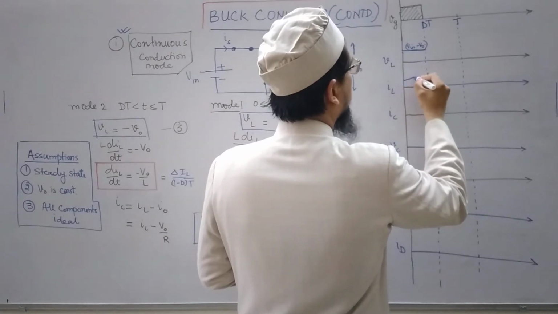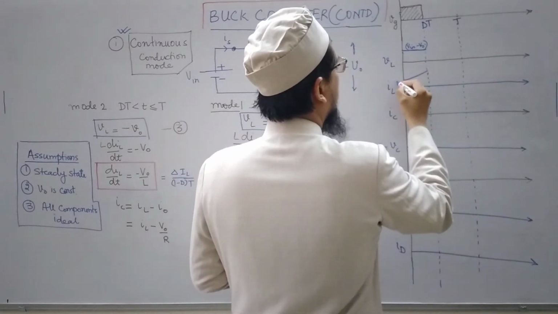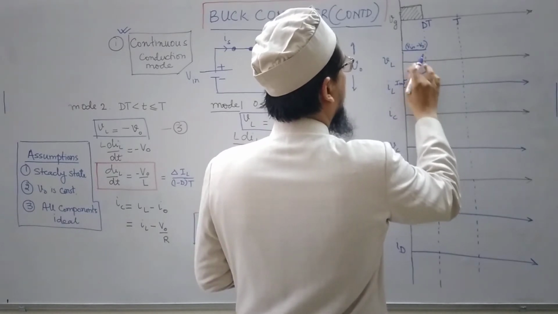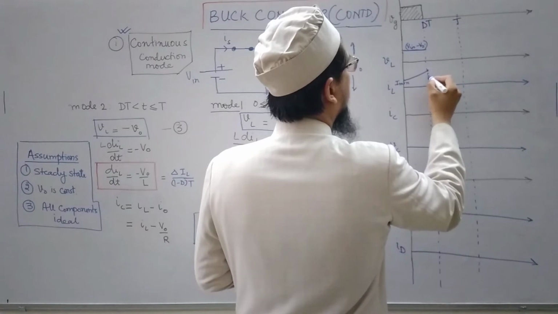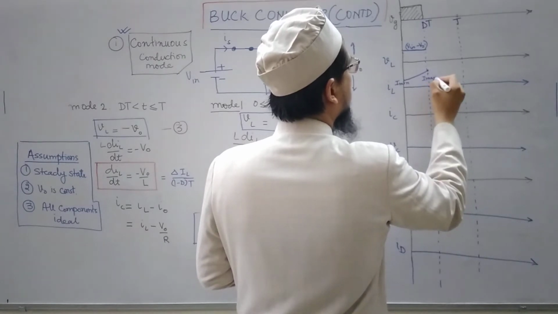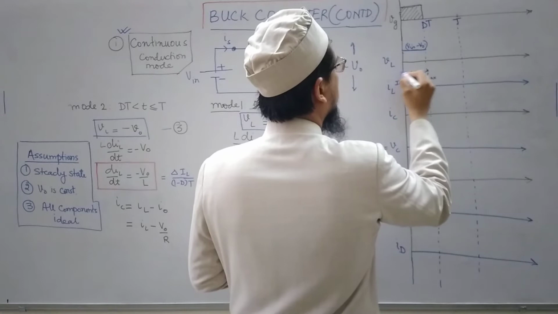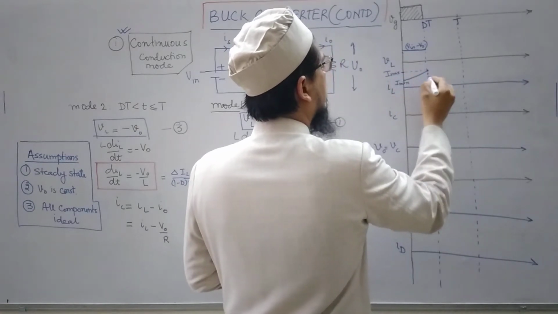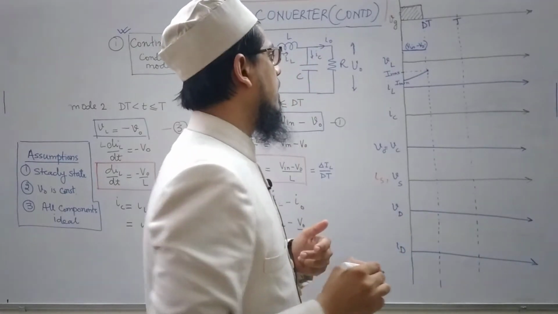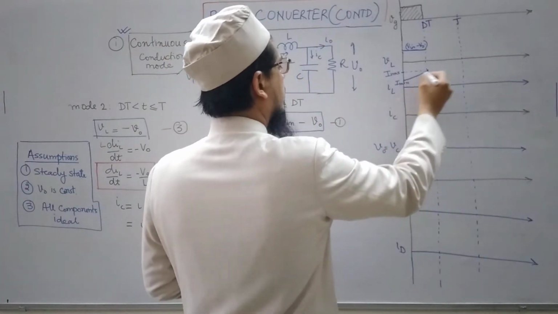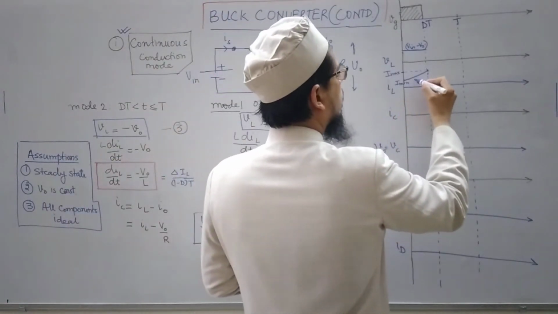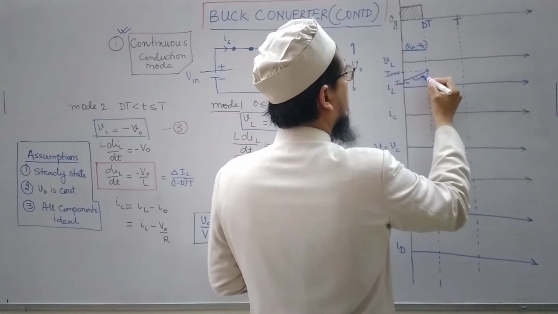It starts from some value, let me call it I minimum, and it reaches a value of I maximum. So this is I max, and this slope is V in minus V naught by L.